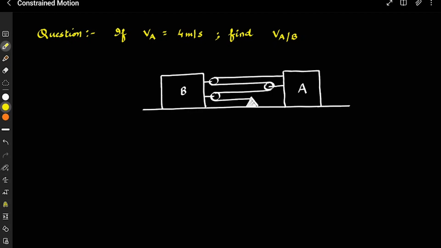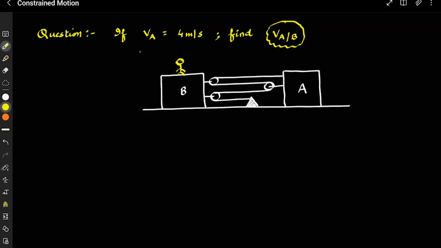Again, we have to find the relationship between A and B, but here in the question I have said we have to find velocity of A with respect to B. I have also attached a relative velocity here. First is the relationship. So how will we find it?